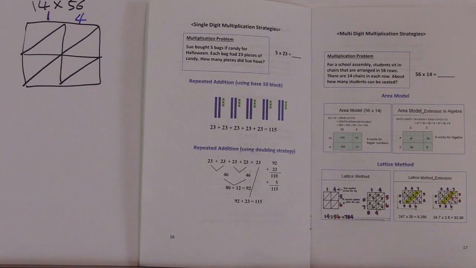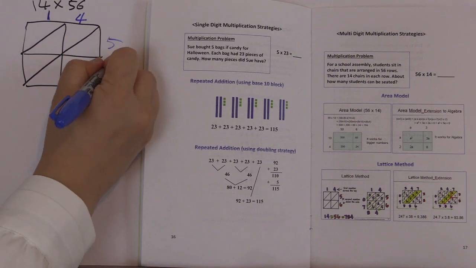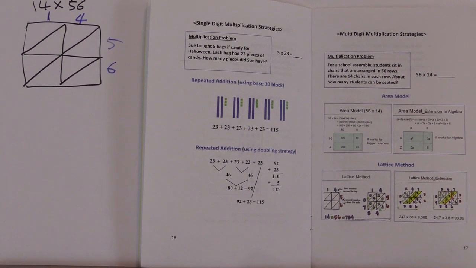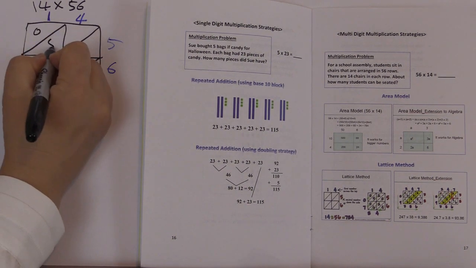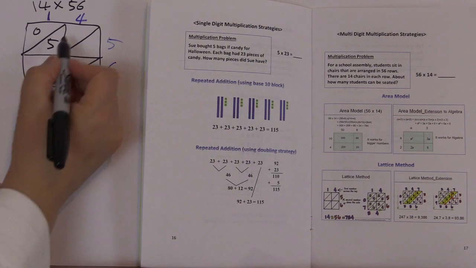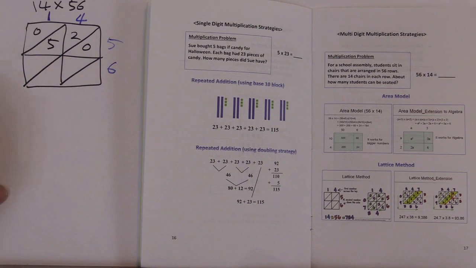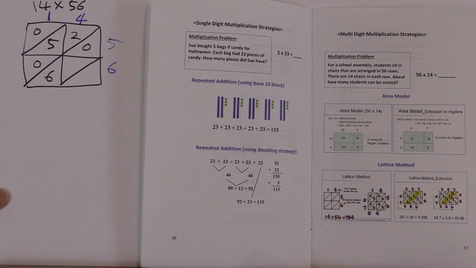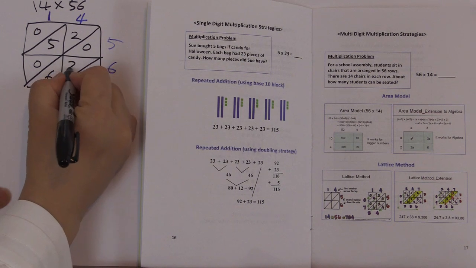And the other number goes on the side, 5 and 6. What I need to do is all the multiplication. So 1 times 5 is 5, I'm going to put 0, 5. 4 times 5 is 20, I'm going to put 2, 0. 1 times 6 is 6, so I'm going to put 0, 6. 4 times 6 is 24, so I'm going to put 2, 4.